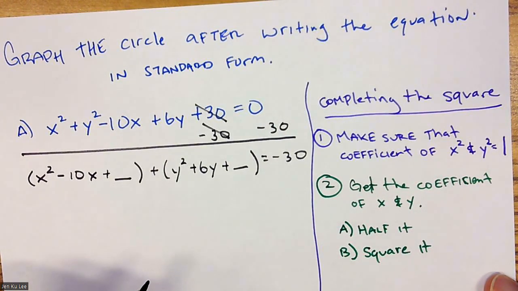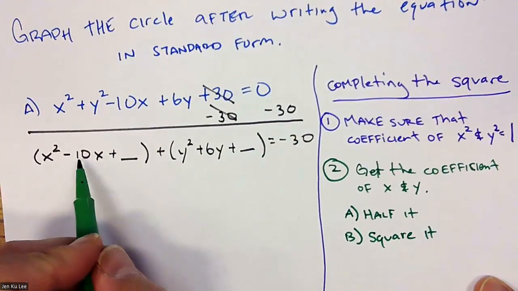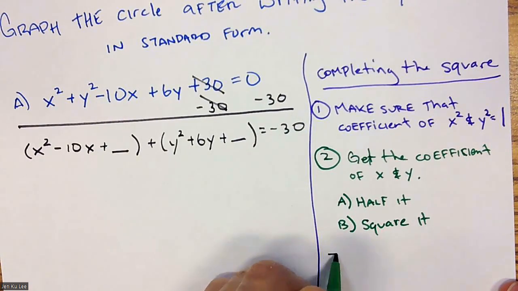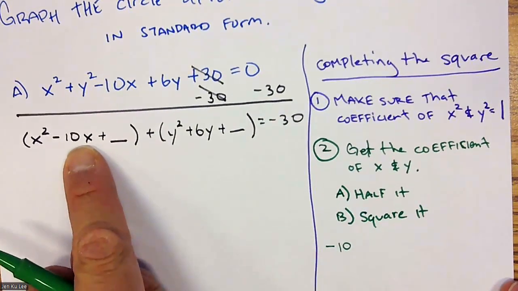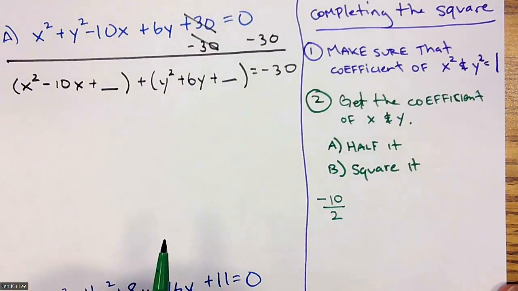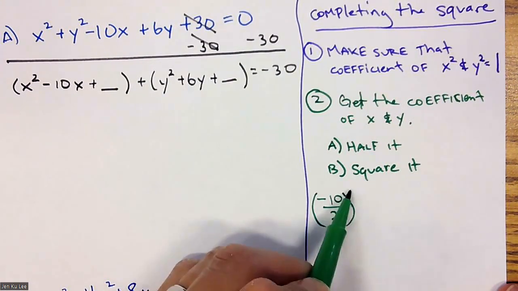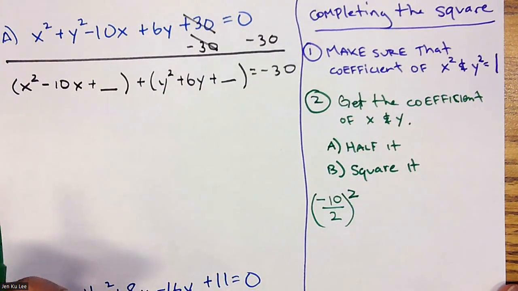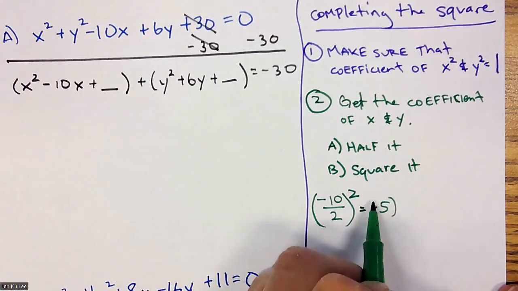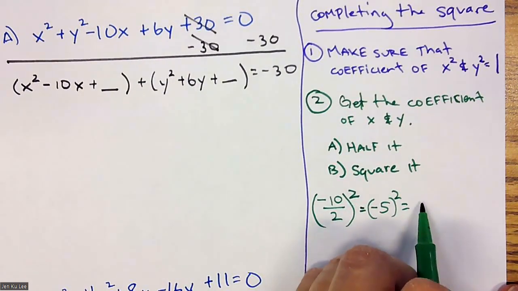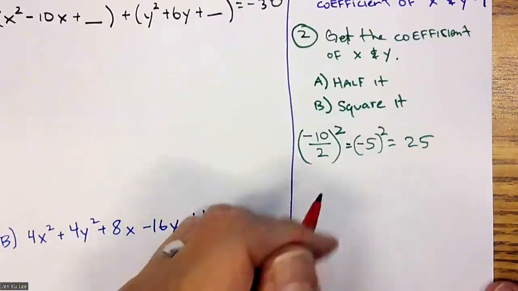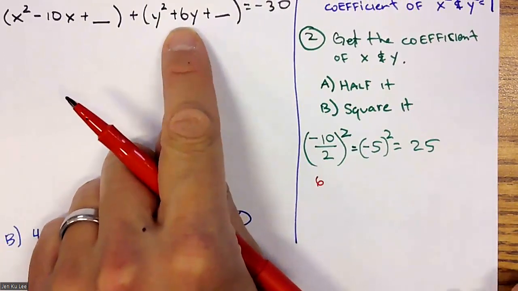So I'm going to get the -10, that's the coefficient of x. I'm going to half it, and I'm going to square it. So negative 10 divided by 2 is negative 5, squared is 25.